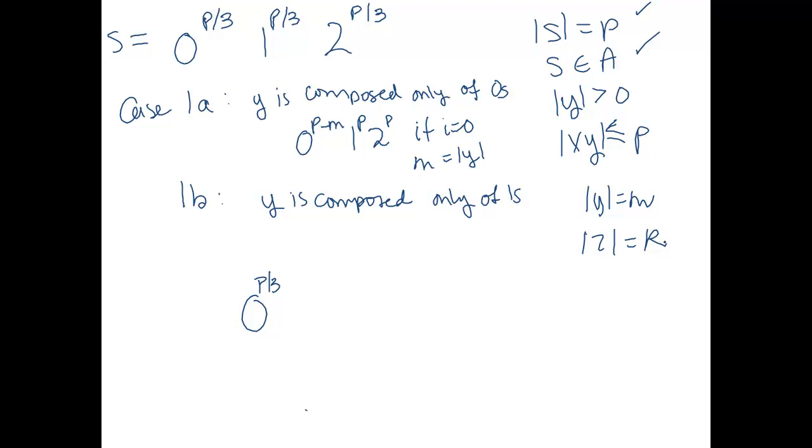All right, so this is x, and then x could also be 1 to the p divided by 3 minus m minus k. So this bit is x. This bit is y. Oops, I'm forgetting a piece.